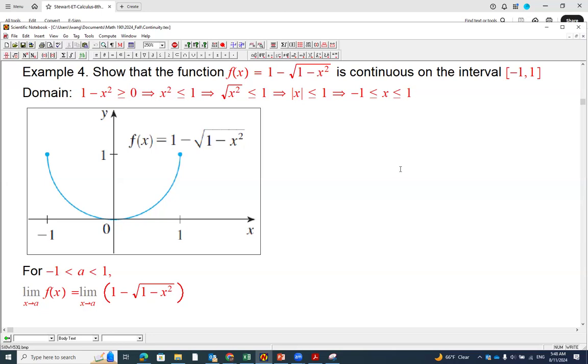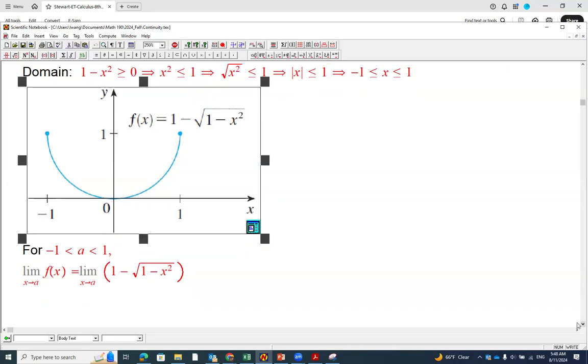That's it, okay? So the function is defined on the entire interval, including -1 and +1. Because we're going to show this function is continuous on the interval, the definition is no problem because all of these numbers between -1 and 1, the function is defined. Right? And let's see what we have.